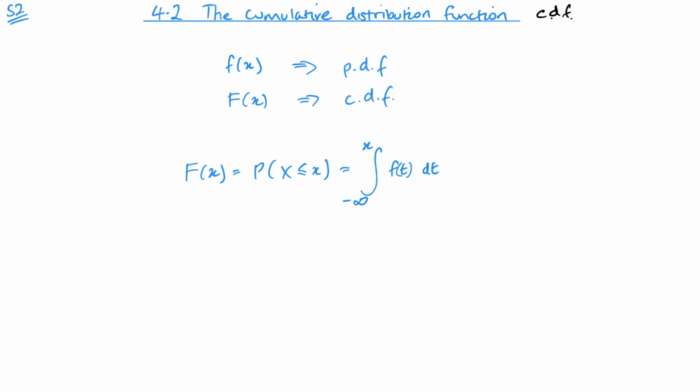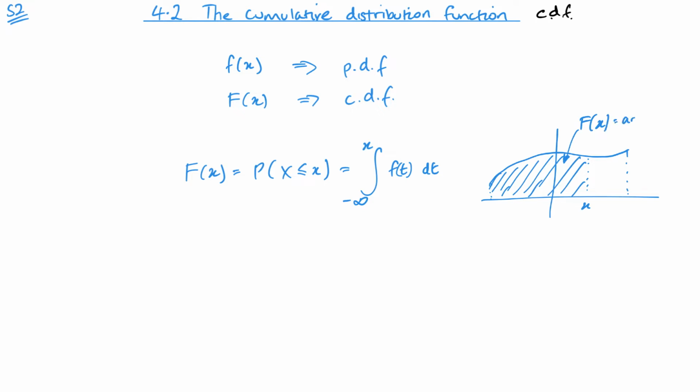So if I think of this kind of graphically, whatever kind of graph I've got, say this is my graph, a value of x and the area to the left of that. That is what's going to give me my capital F of x. It's going to be this area. Nice and easy.